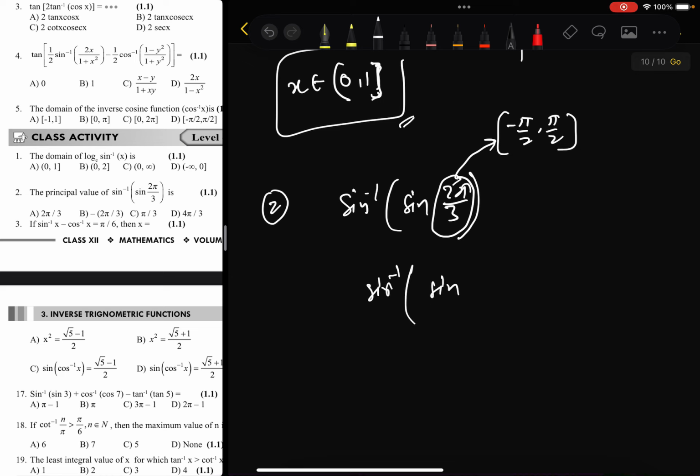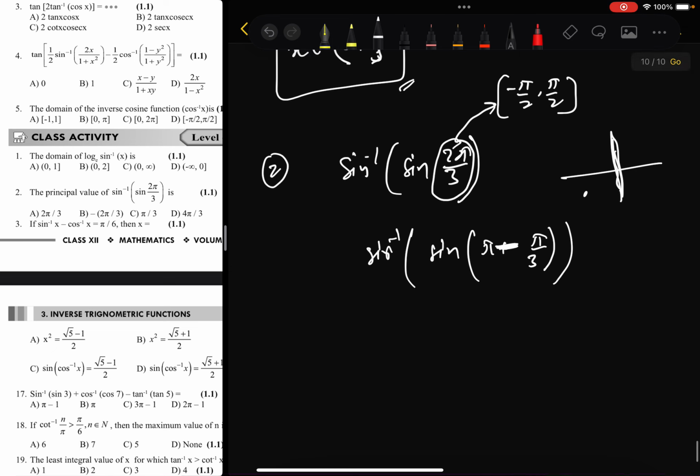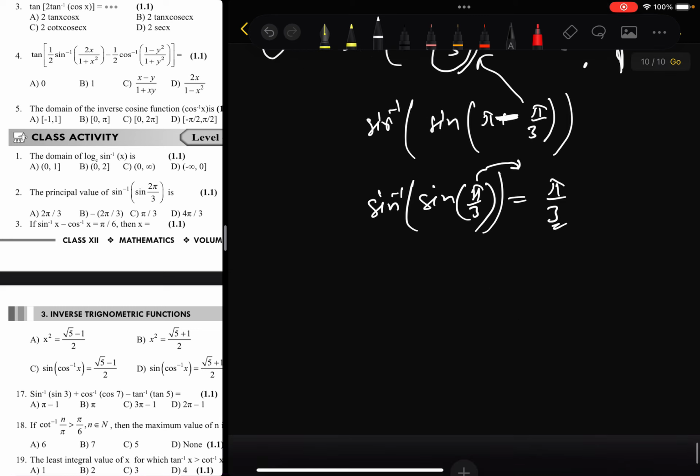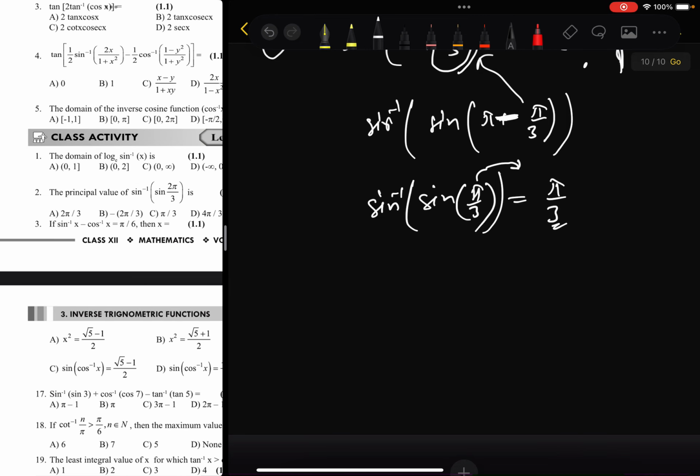You can write this as sine of pi minus pi by 3, since pi plus would be in the third quadrant, and we need pi minus pi by 3 to get 2 pi by 3. This lies in the second quadrant, where sine is positive, so it gives sine of pi by 3. Now this angle is lying between minus pi by 2 and pi by 2, so you can directly write pi by 3, right? Yes.